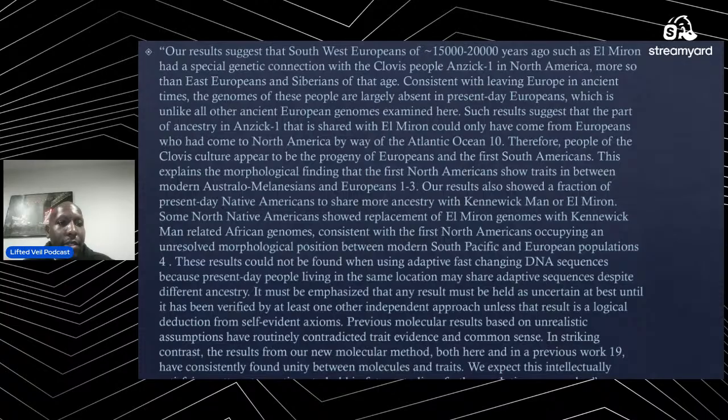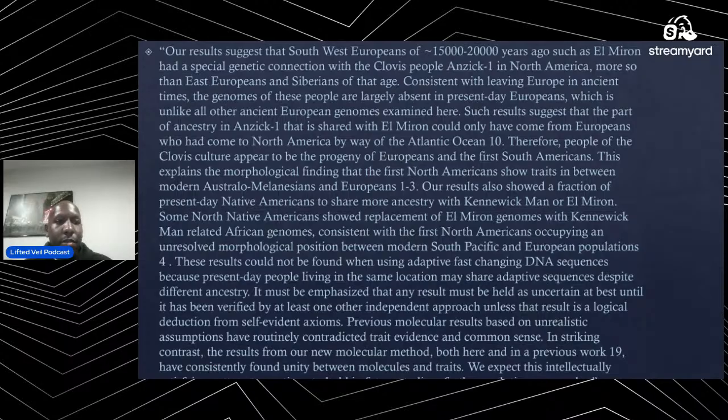Now that's totally different from the out of Siberia migration theory, because they're saying that it's strictly out of Siberia, passing through Beringia, going into Alaska, and the whole spiel. But here they're saying that the Clovis are descendants of these ancient Europeans and the first South Americans.